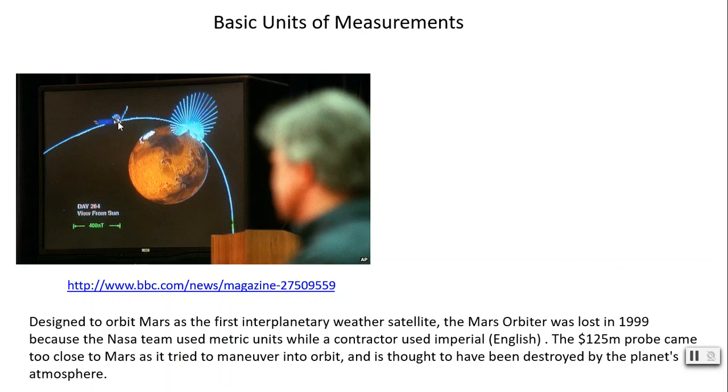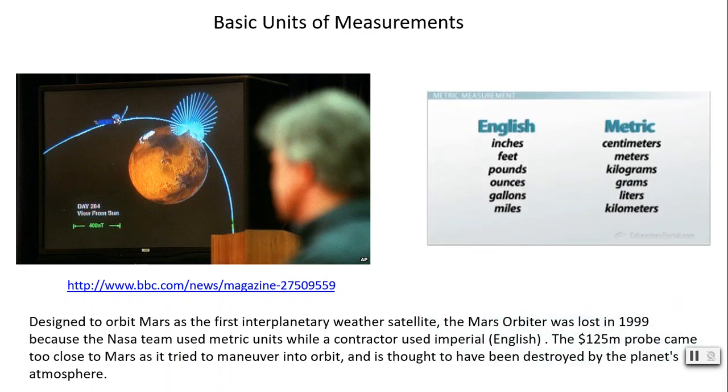Why did that first Mars orbiter get too close to the planet and become destroyed and not give us information about the planet? Well, this mission was not successful because it turns out that when scientists were designing the Mars orbiter and programming the data to go into it, there were 2 sets of engineers working on this project, and they did not use the same units.